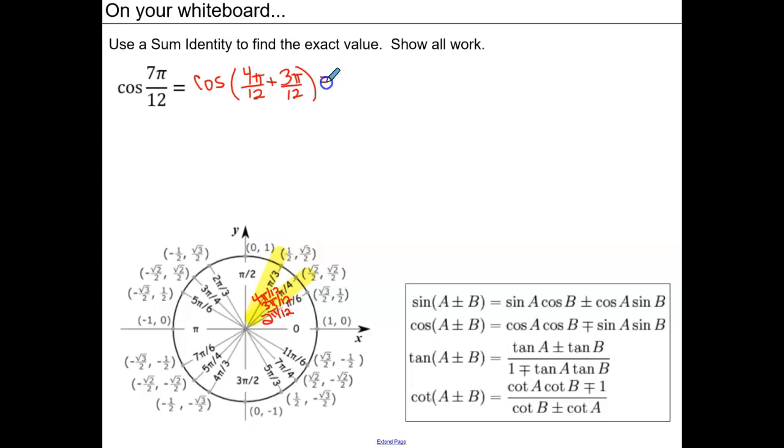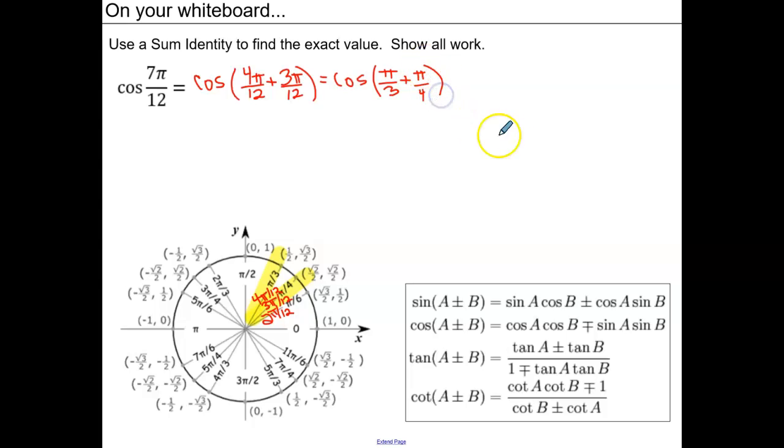And reducing those denominators, we can get our special angles then of pi over 3 plus pi over 4.